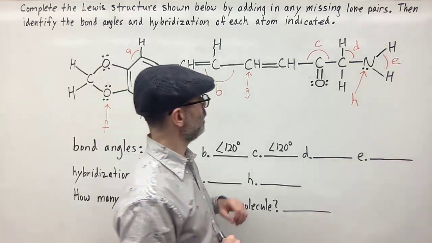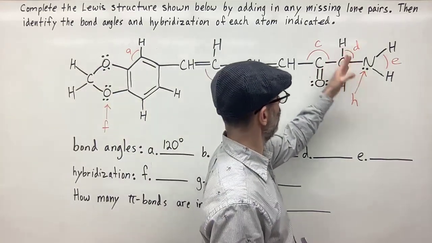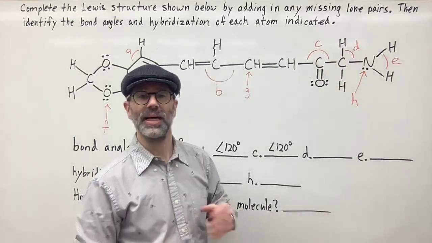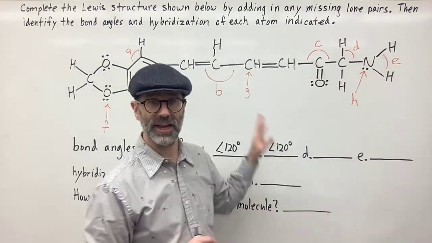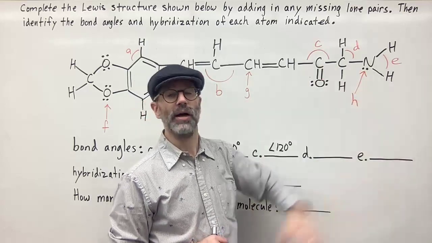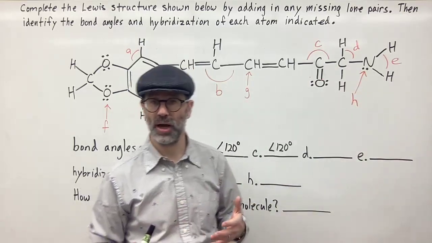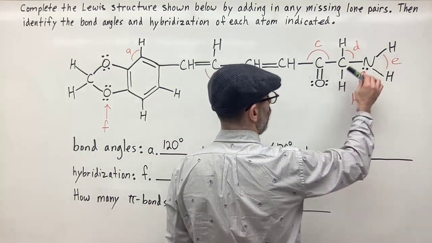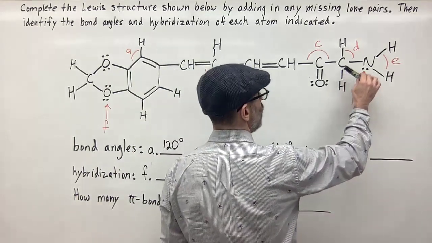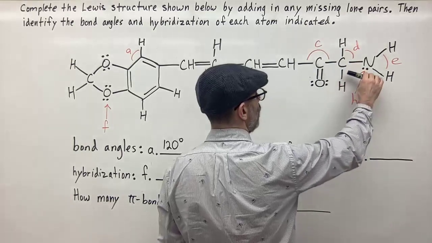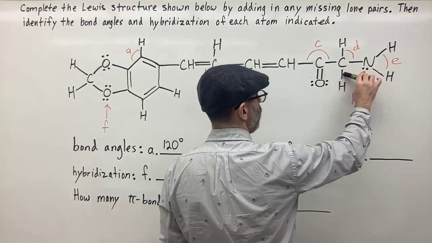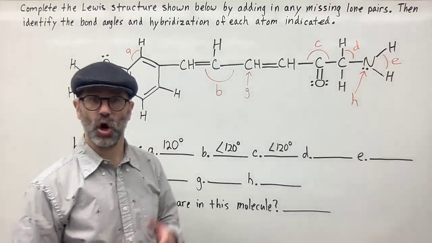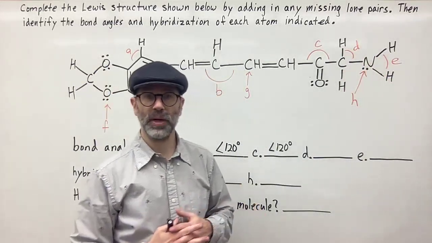And then D, this angle here. It looks like it's a right angle of 90 degrees. That would be false because this is a 2-dimensional picture of a 3-dimensional object. So again, we're going to count the number of electron groups. We have 1, 2, 3, 4 total electron groups that are all bonding, no lone pairs.